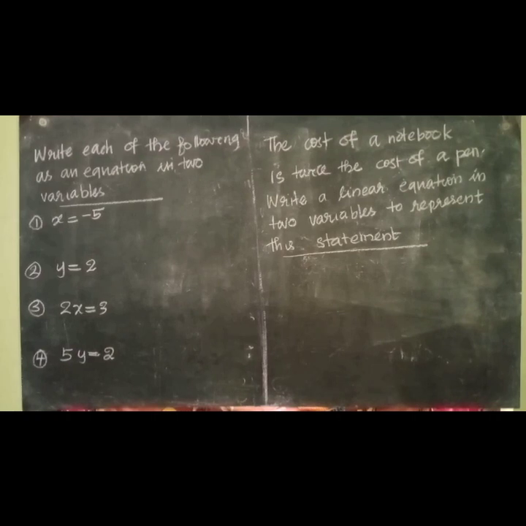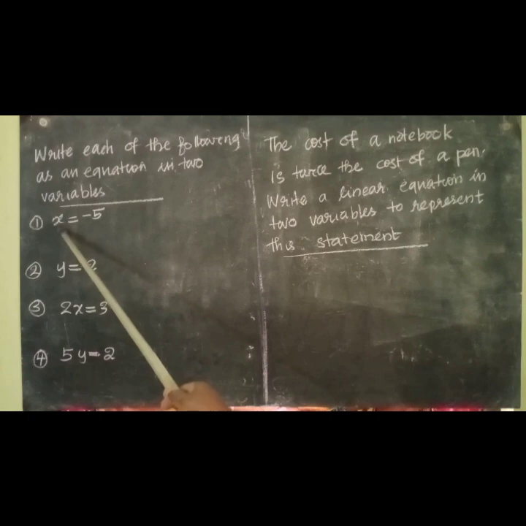Next question. Write each of the following as an equation in two variables. An equation in two variables is of the form ax plus by plus c equal to 0. So first question, x equal to minus 5. Here the ax term is here, c also here, by is missing.